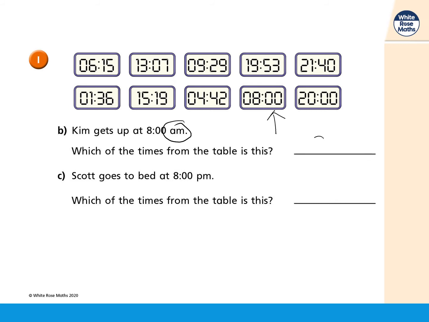So here I will write 08:00. Scott goes to bed at 8 p.m. Which of the times from the table is this? The clue here is p.m. So I am looking for times after 12 noon. I know that 8 plus 12 is 20. So the answer is going to be this one. So here I'm going to write 20:00.